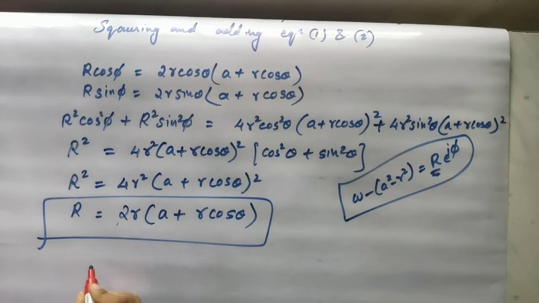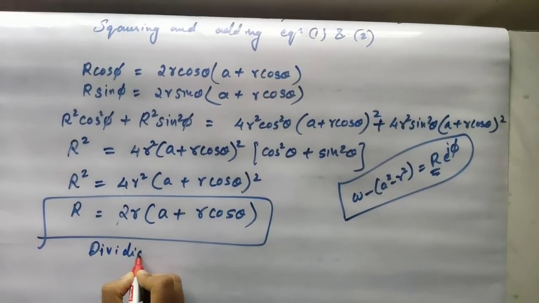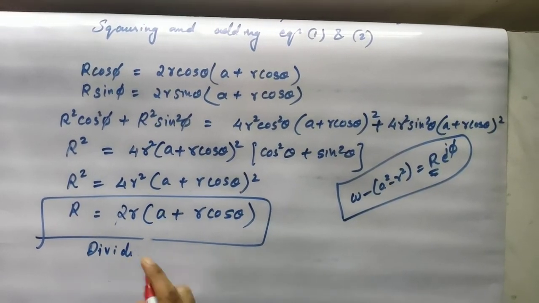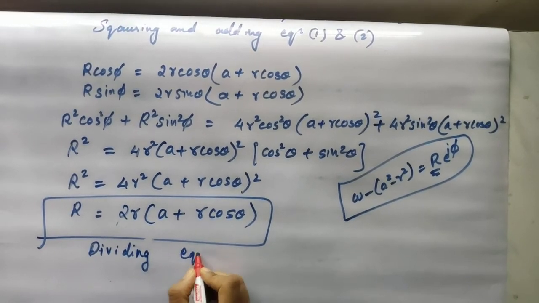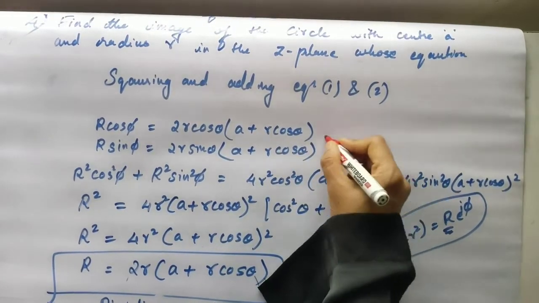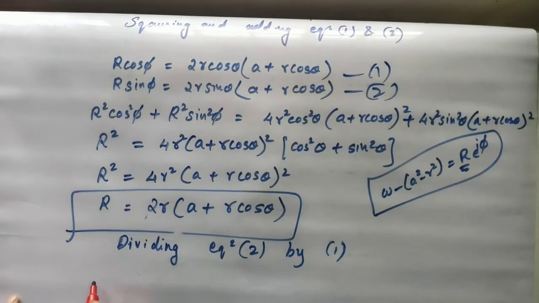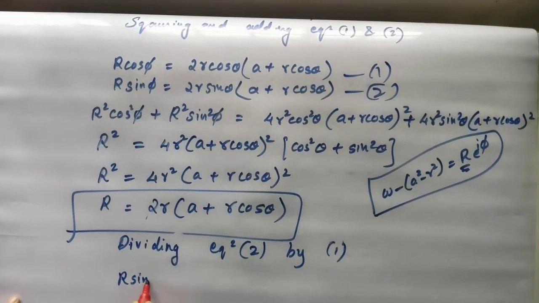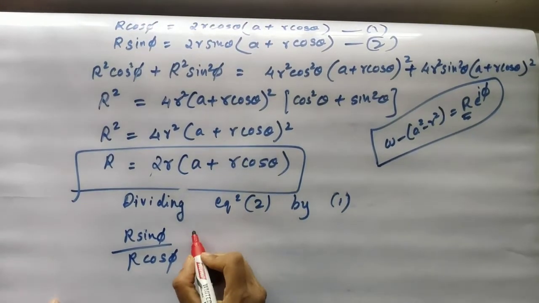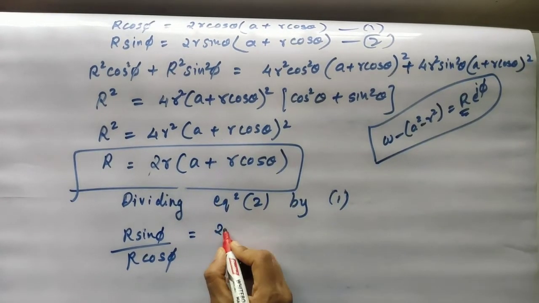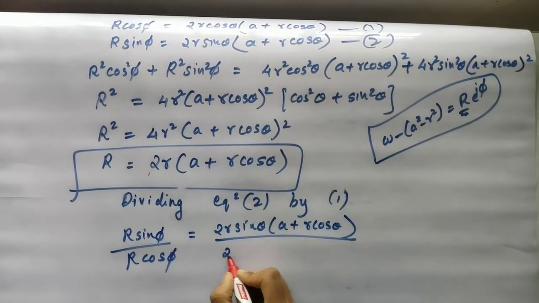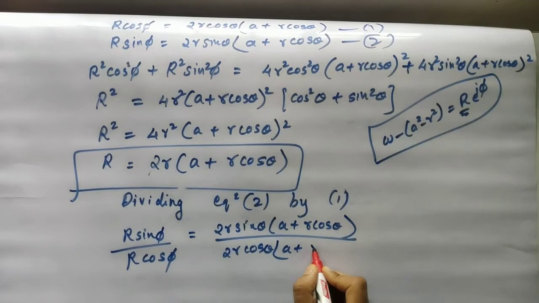So r sin φ divided by r cos φ is equal to 2r sin θ (a + r cos θ) divided by 2r cos θ (a + r cos θ).